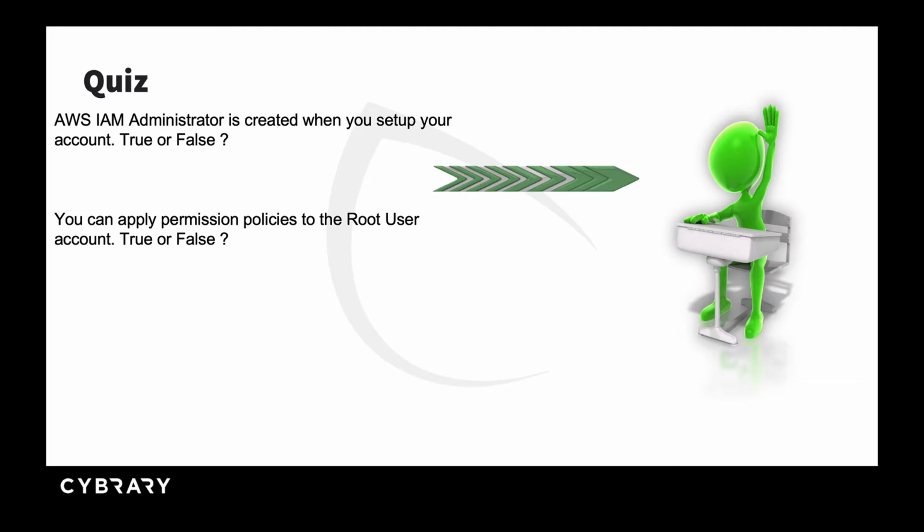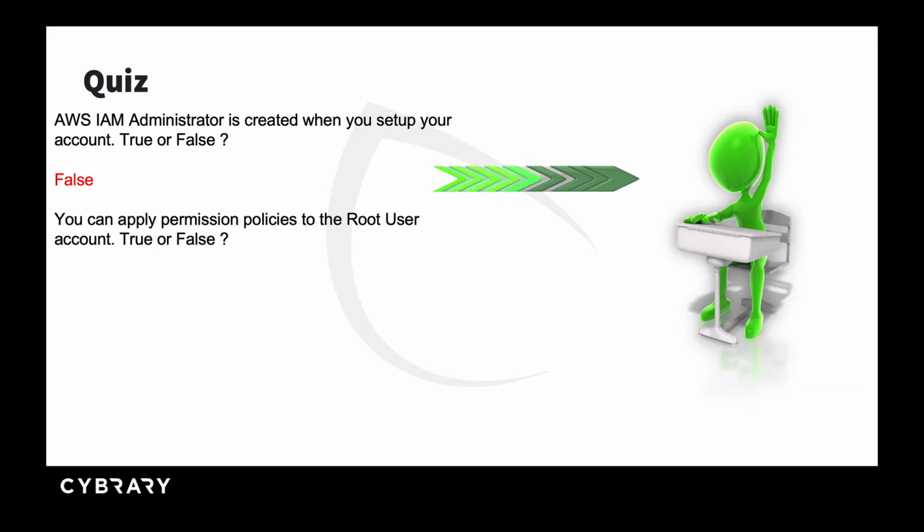Let's take a moment to celebrate what you've learned in this lesson by testing your understanding of some key terms. The AWS Administrator is created when you set up your account. True or false? False. The AWS IAM Administrator is created after you set up your root account.